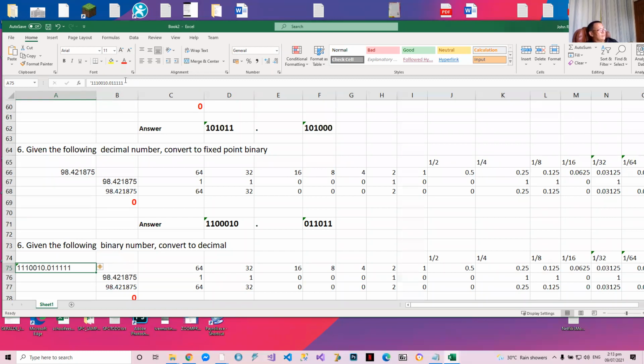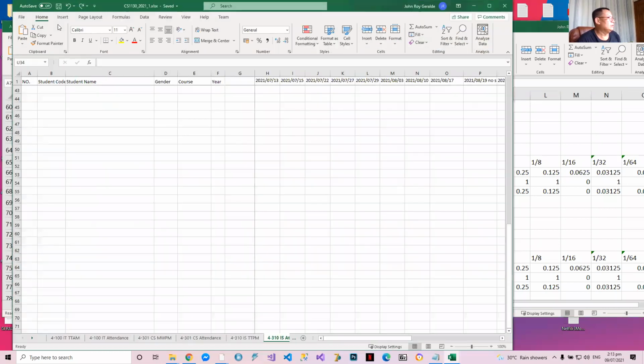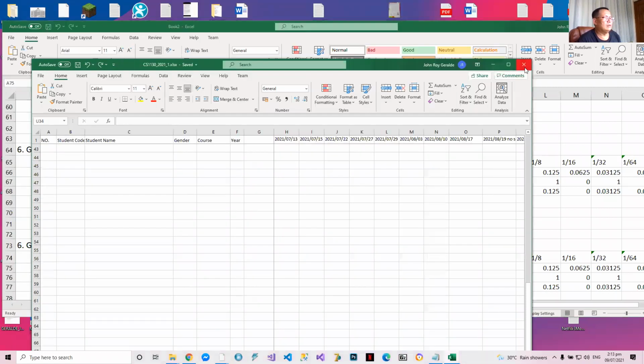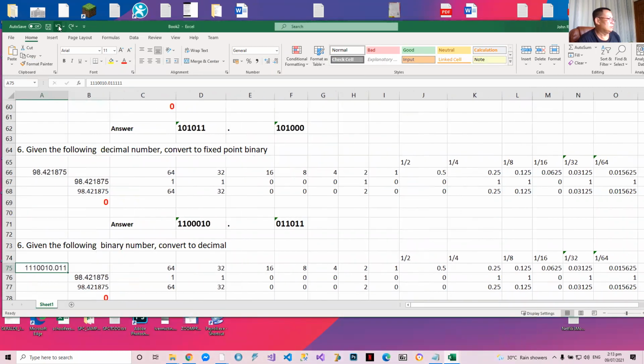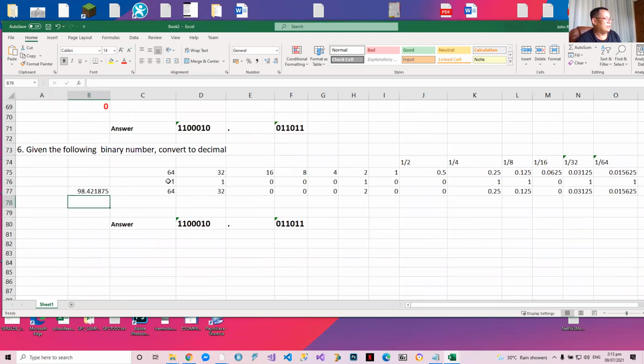Because this is recorded as a formula. I'm not sure what happened. Let me check this. Then we just undo. Okay, I'll just delete this for now. Delete this and then delete this.